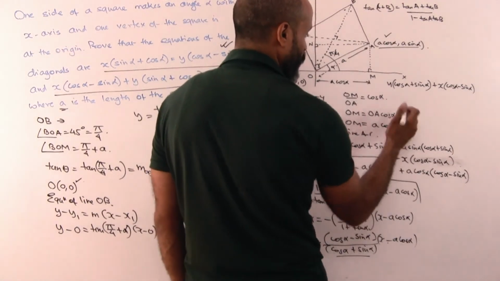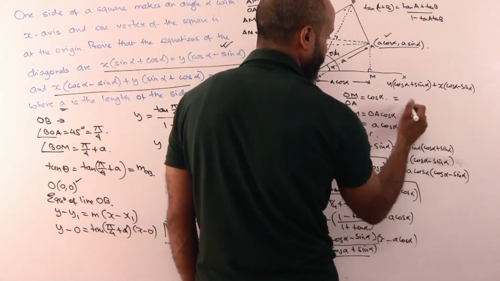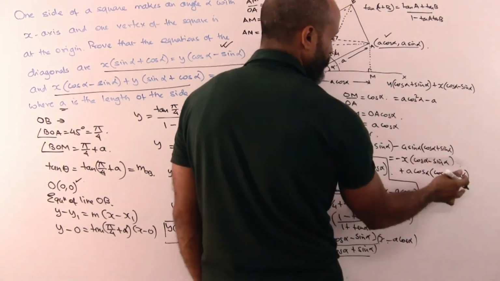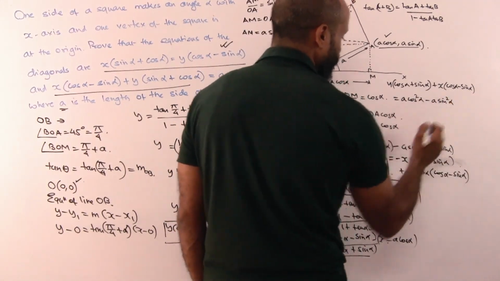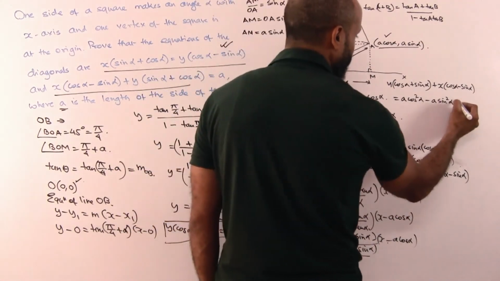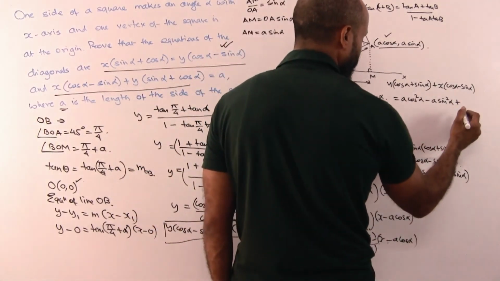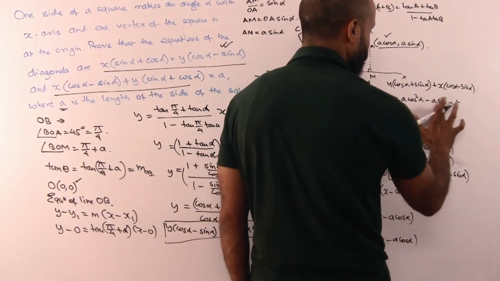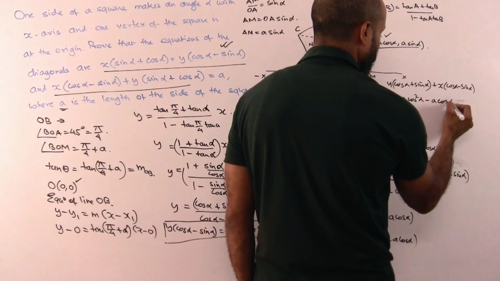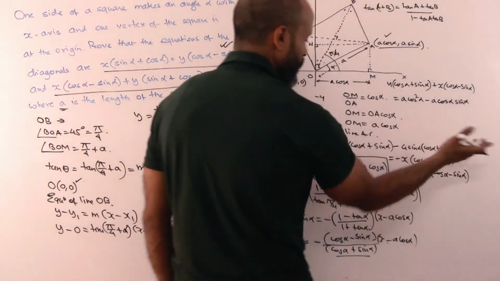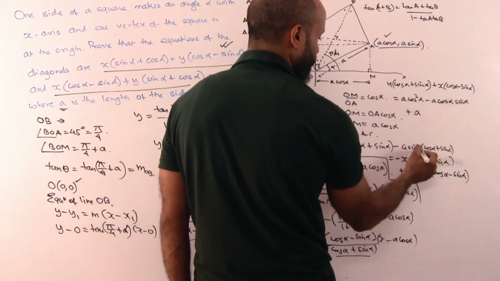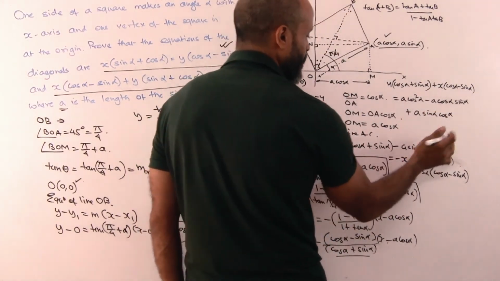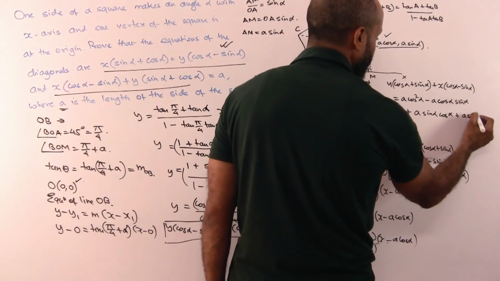Now in this case, what do we have here? A cos square alpha minus a sin square alpha. Now if we take this here, it will become plus a cos alpha sin alpha minus a cos alpha sin alpha. If we take this here, this will be plus a sin alpha cos alpha, and this will be plus a sin square alpha.